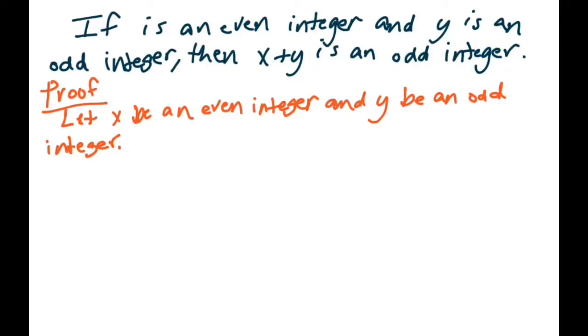Both of those are found in textbooks, so either one would be fine. The next thing we can do is to state what we're going to prove in the end. That's probably more for a complicated statement, but we'll at least circle that we want to prove that x plus y is an odd integer. So we know that at the very end, that's what we need to have.